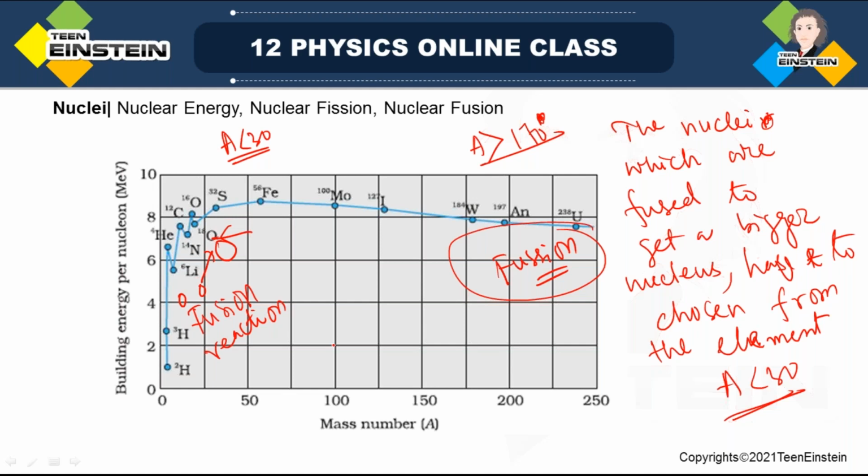So we have understood what fission is and what fusion is, which elements in the periodic table you should choose to fuse to get energy released, and which elements are suitable for fission reaction.